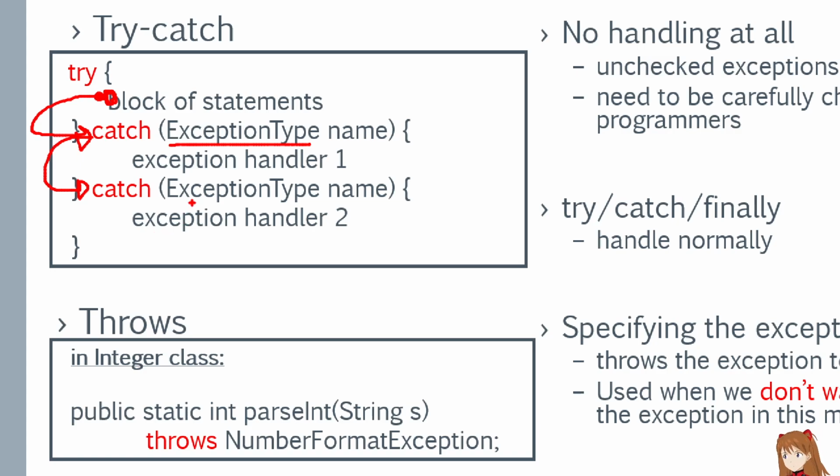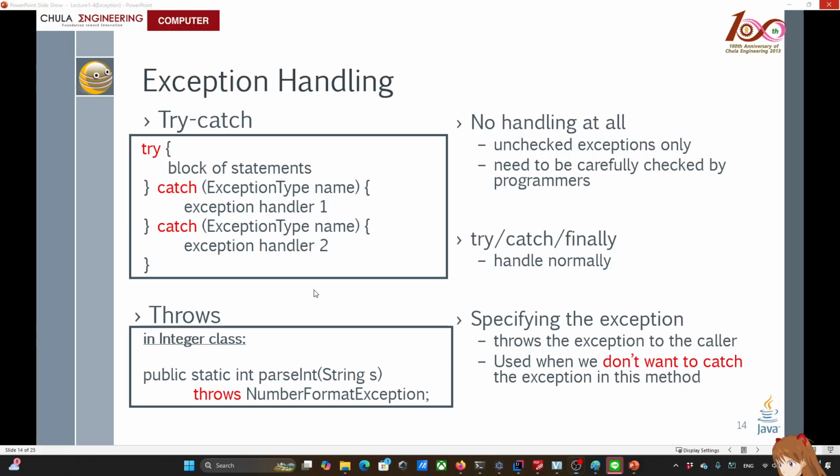Alright, and if this second catch block detect that the produced exception is actually the one here that it's looking for, then it executes and the code will then continue after the last catch block. Okay? So that's how try catch works. Alright?